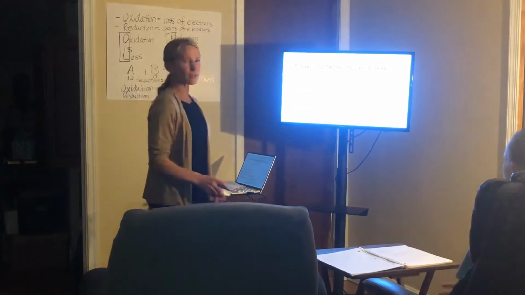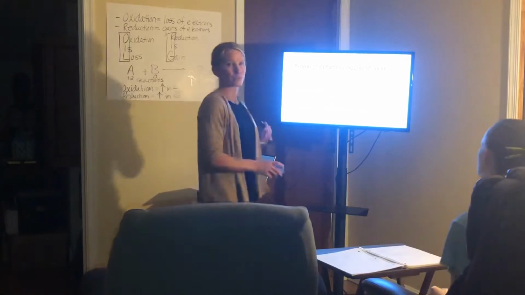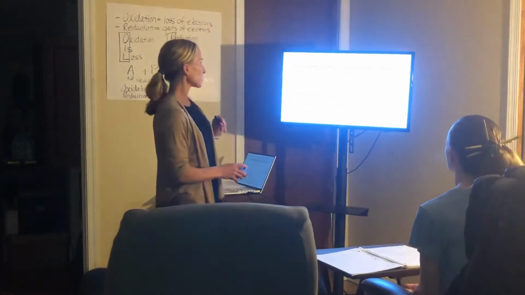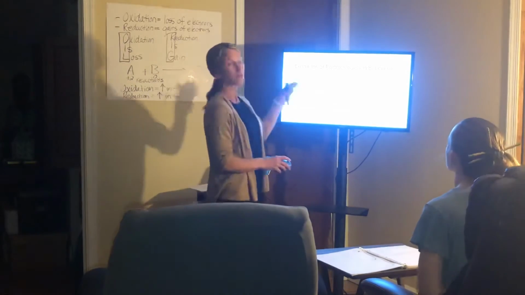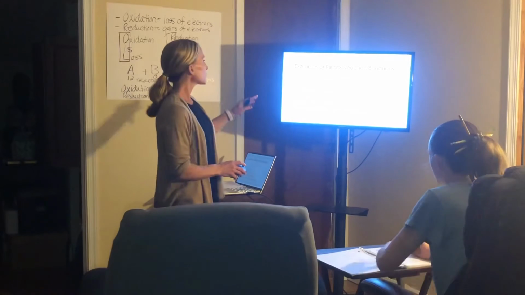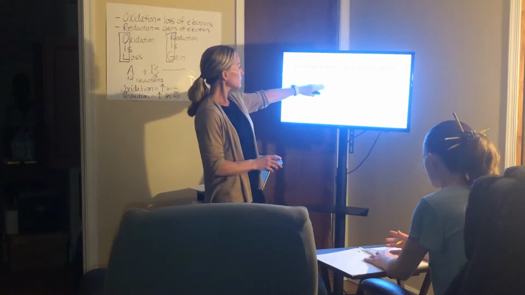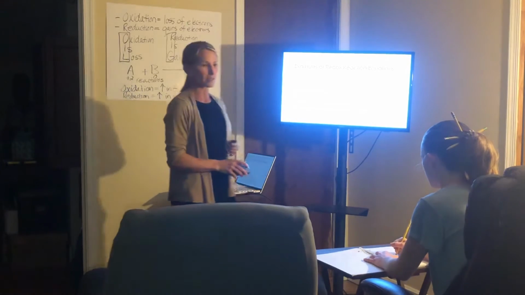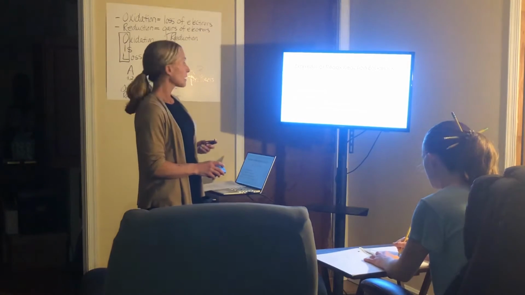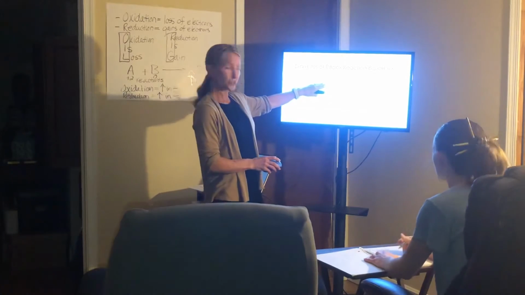So now let's look at the chemical equation for a redox reaction. So we see that we have iron, the metal iron, and any element in its natural form has a charge of 0.